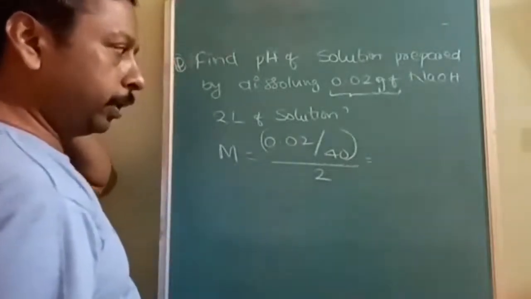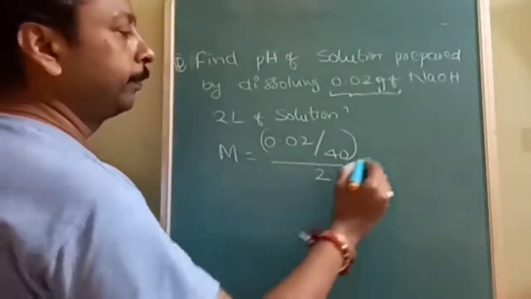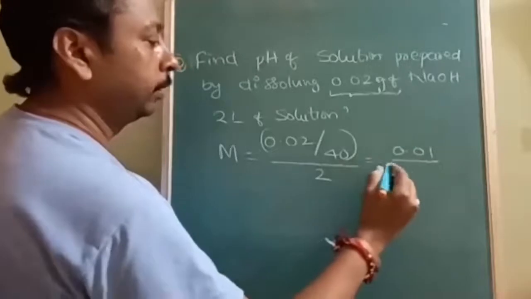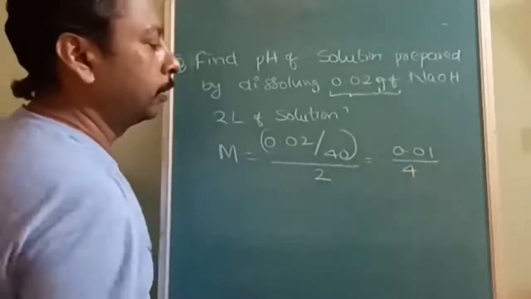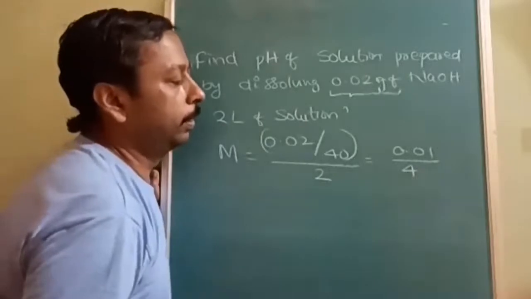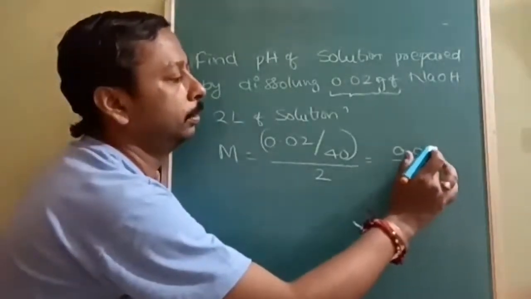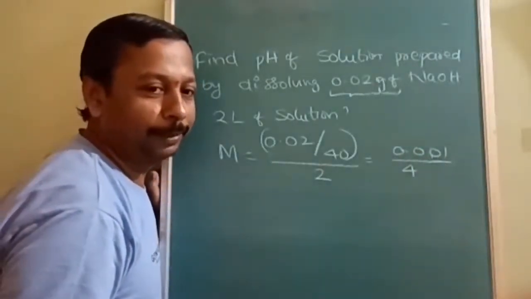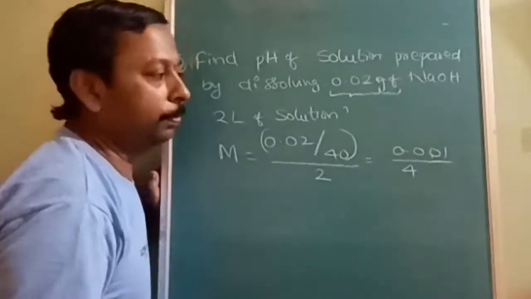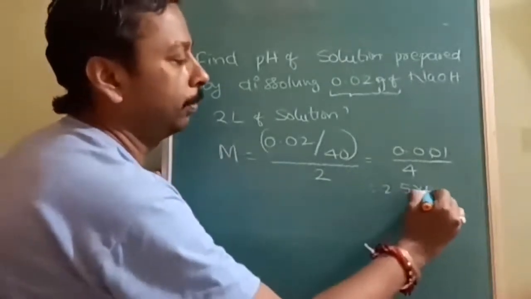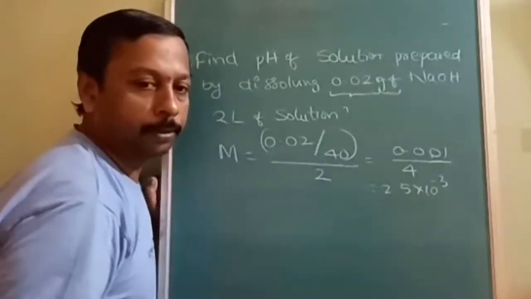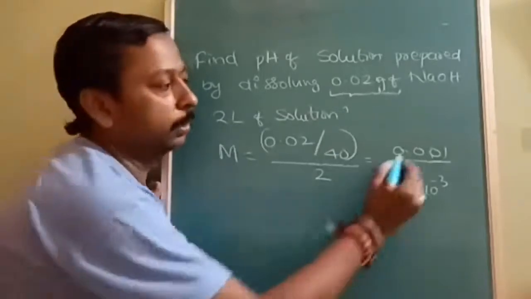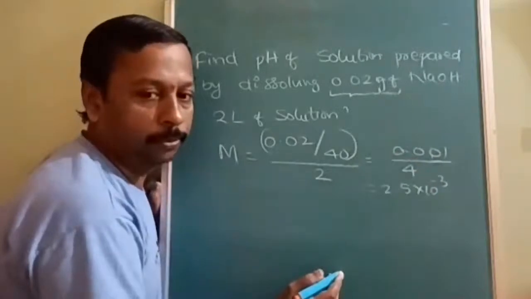So how much are you going to get on simplification? 0.01 divided by 4. Is it correct? On simplification, how much am I getting? 2.5 into 10 to the power of minus 3. Is this correct? 2.5 into 10 to the power of minus 3 or 10 to the power of minus 4. What is the correct answer? 0.01 divided by 4.